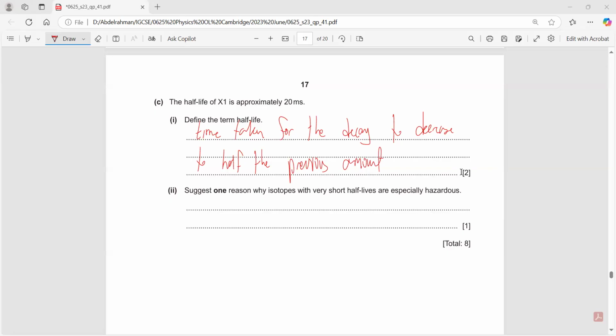The more half-lives, the more radiation is produced. So a very large amount of radiation is produced in a short time.